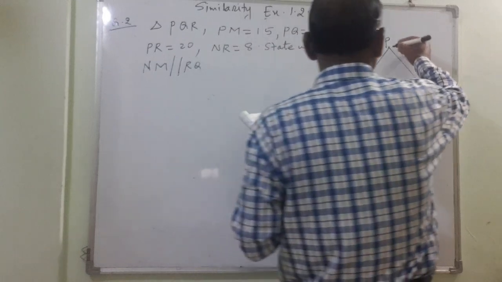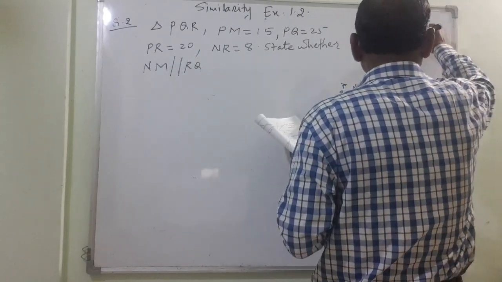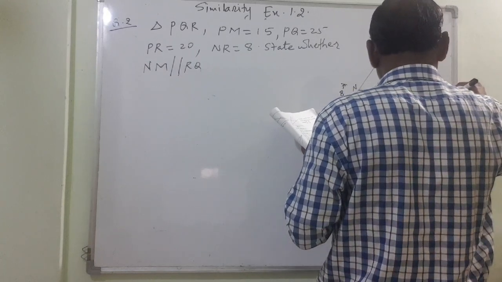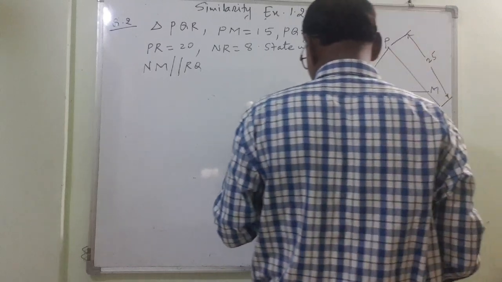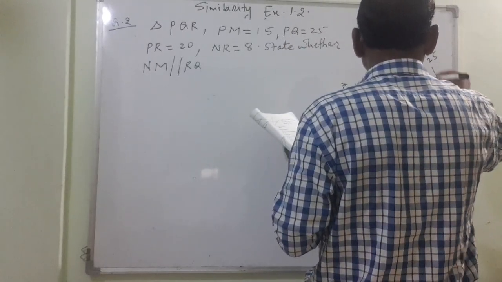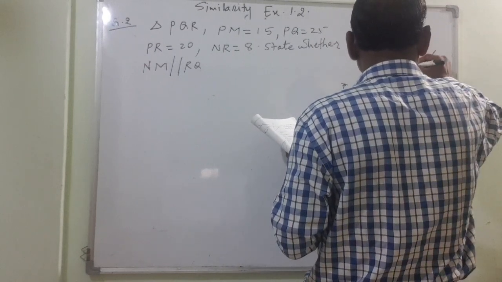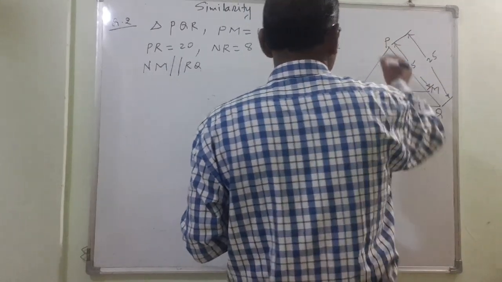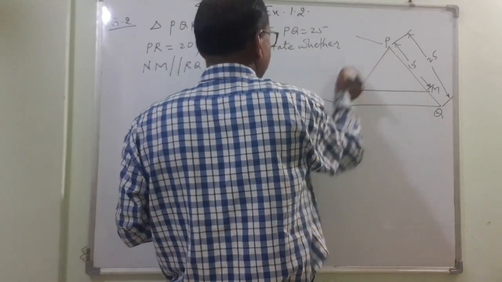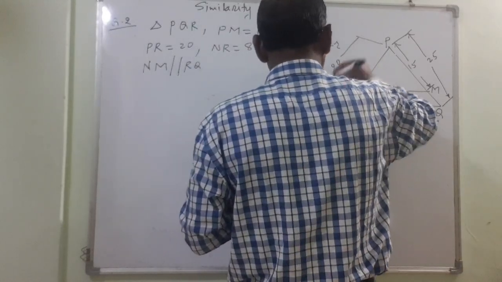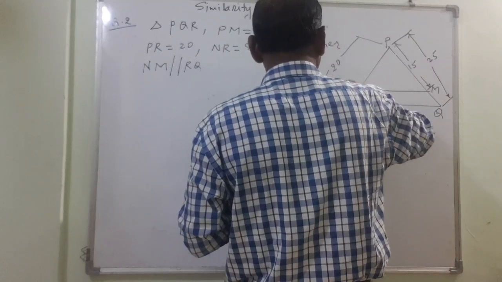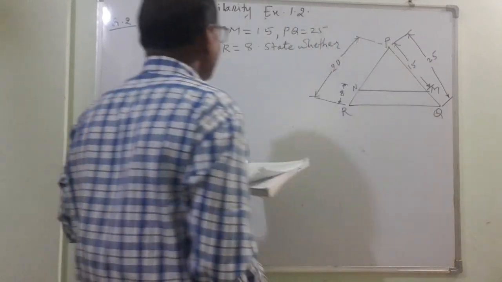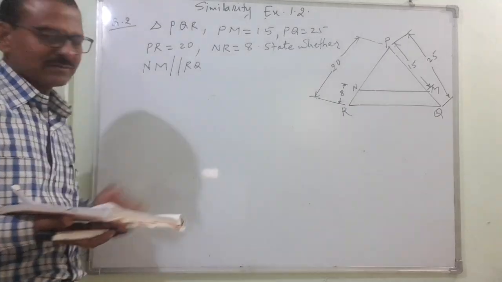PQ, P to Q, this distance is 25. PM, this is 15. PR, this distance is 20. This way, all the dimensions are given here. I am writing those.